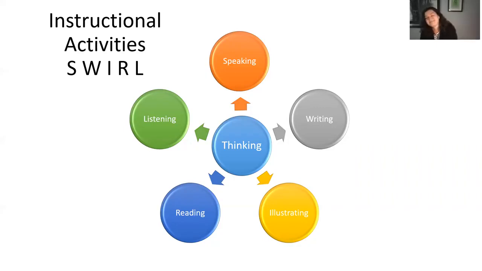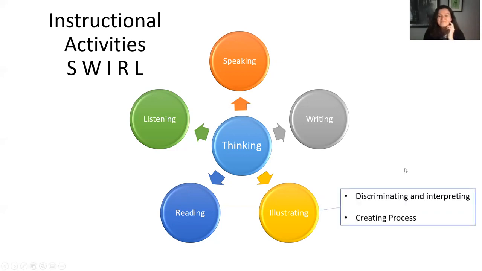This session relies heavily on what students do in inquiry in a social studies classroom, and how they express their thinking through speaking, writing, illustrating, reading, and listening. Illustrating is a nice fancy word for the person who draws or paints the pictures that go with text.